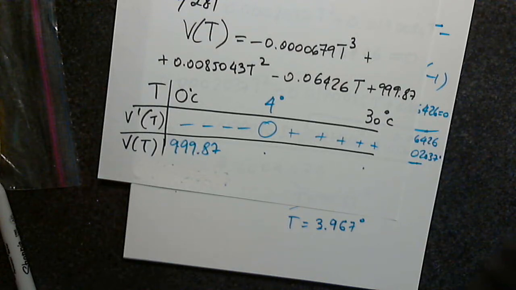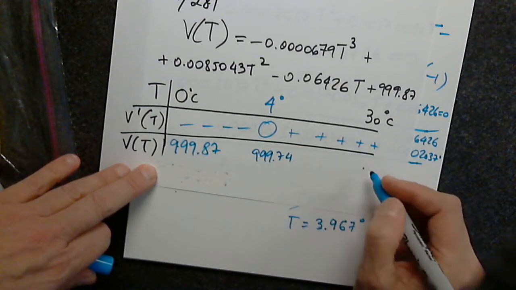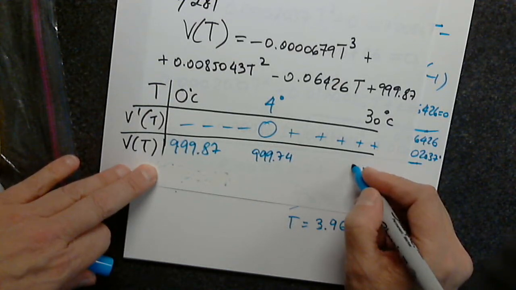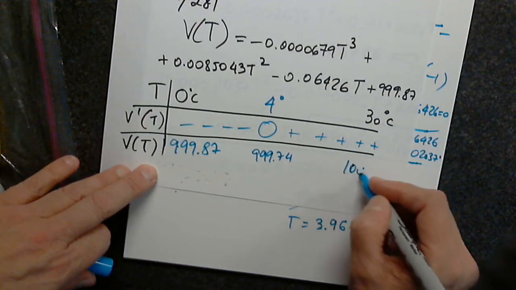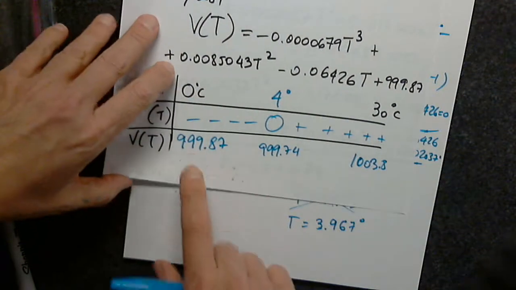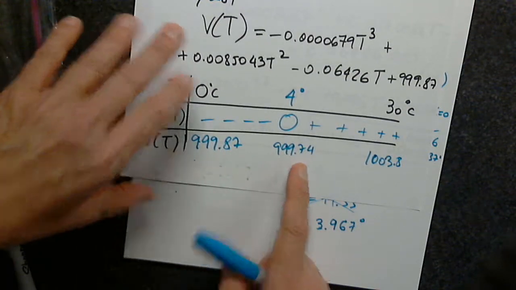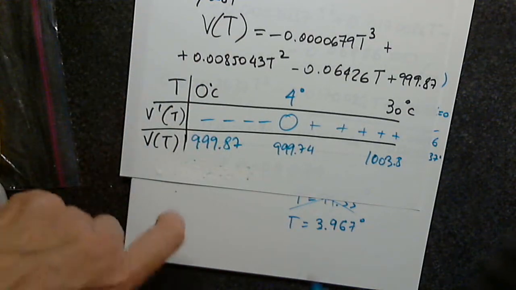Okay. So at 4 it is 999.74, and at 30 it is 1003.8. Okay, now we can draw a conclusion. From 999.87 to 999.74, what does this function do?